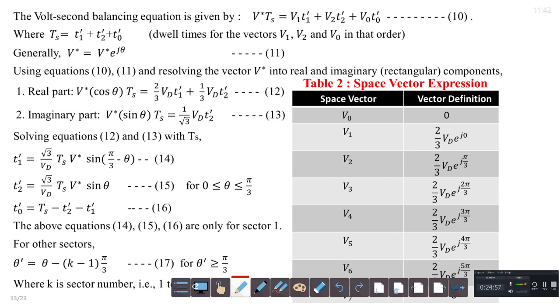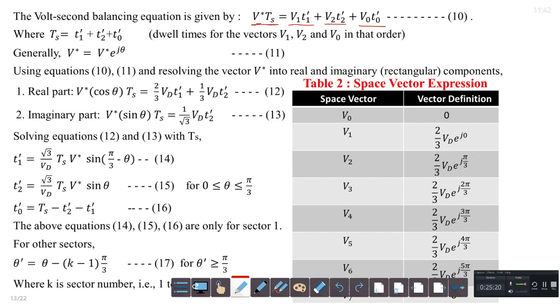In the volt second balancing principle, V star is the reference voltage for a time duration Ts. So, the total volt second is V star into Ts. In that total duration, we apply V1 for a time duration T1 dash, V2 for a time duration T2 dash and V0 for a time duration T0 dash.